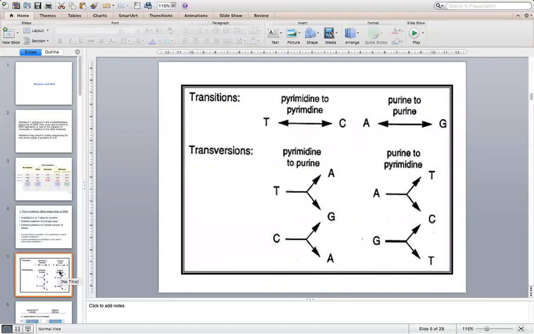You can see it here. Transition is within the same group, either pyrimidine to pyrimidine or purine to purine. However, with transversion, a pyrimidine is converted to a purine or a purine is converted to a pyrimidine.